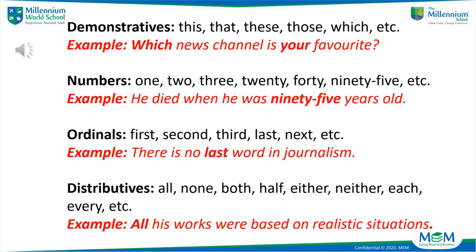Example, there is no last word in journalism. Distributives like all, none, both, half, either, neither, each, every are determiners. Example, all his works were based on realistic situations.